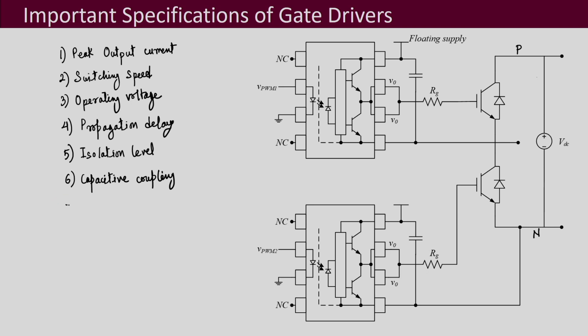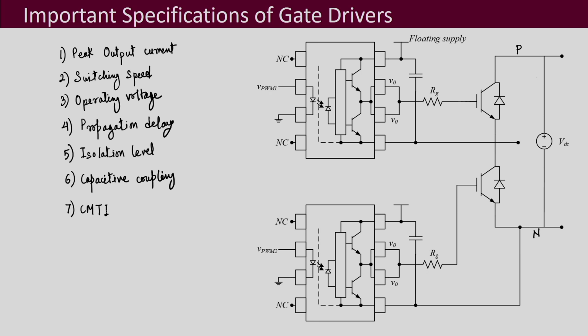And the next one is your CMTI, common mode transient immunity. This also I will explain to you a little later. So these are the important specifications of gate drivers which you should be careful about while selecting the optocoupler based gate driver IC.